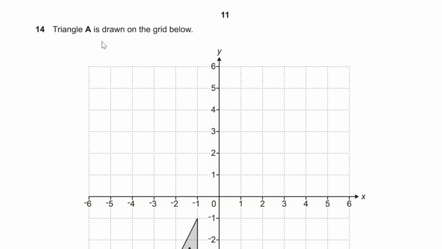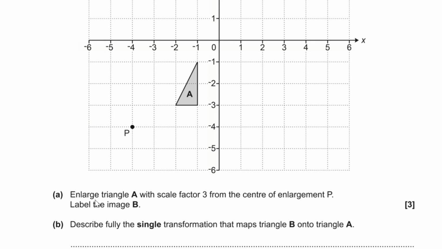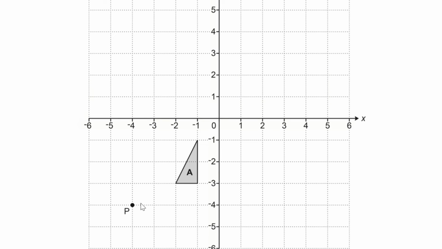Question number 14. You can see triangle A is drawn on this grid over here, and we've got this point P, and we have to enlarge triangle A with scale factor 3 from the center of enlargement P, label the triangle B. Well, if we grab different colours, you can see from P to this point, that's 2 across and 1 up.